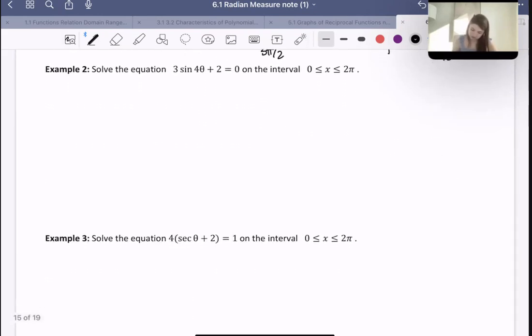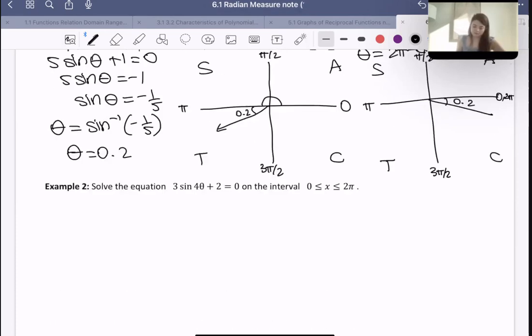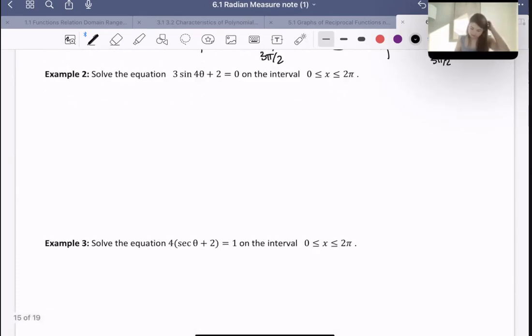Okay, the next one says solve this equation on the interval from 0 to 2 pi. So this one is going to be quite similar to the last one, which is good. First, we're going to let 4 theta equal to x, and then we'll solve for it back in the end. So let's do that.